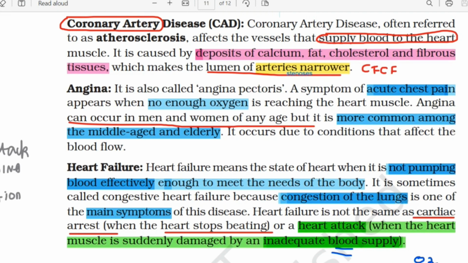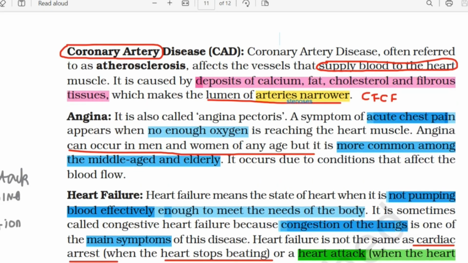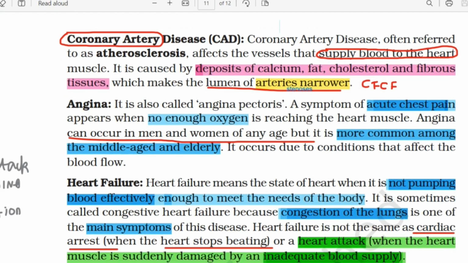These vessels get deposited with calcium, fat, cholesterol, and a lot of fibrous tissue. So the lumen becomes narrower and the wall becomes thick, and there is restricted flow of blood. This narrowing of the artery is known as coronary artery disease or atherosclerosis.